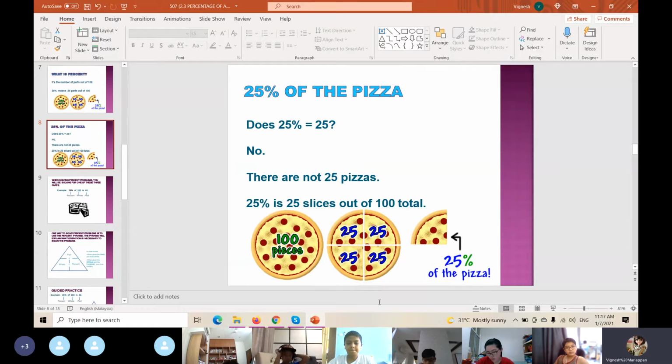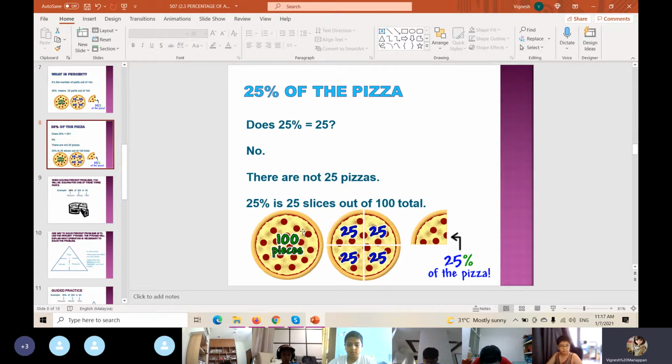No, because they said it's 100 pieces, but they're taking out only 25 percent of the pizza. It doesn't mean they are taking out 25 pieces of the pizza. Two things are different. 25 percent is 25 slices out of 100 total.